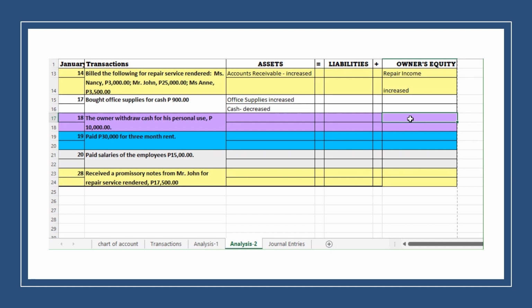So, we know that owner's equity is credit. Therefore, in order to decrease the owner's equity, we have to debit the account. And since it is a contra, therefore, it is the opposite of credit. So we have to debit masipag drawing. And this is to decrease.